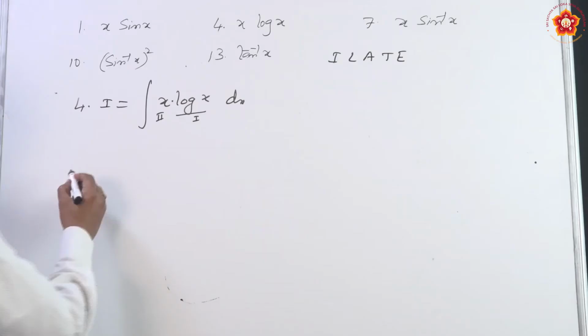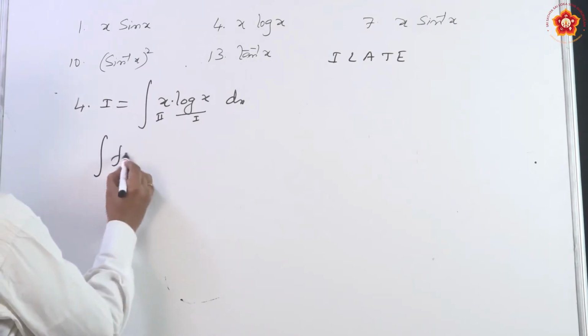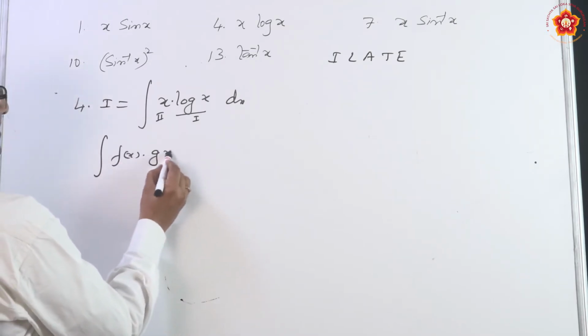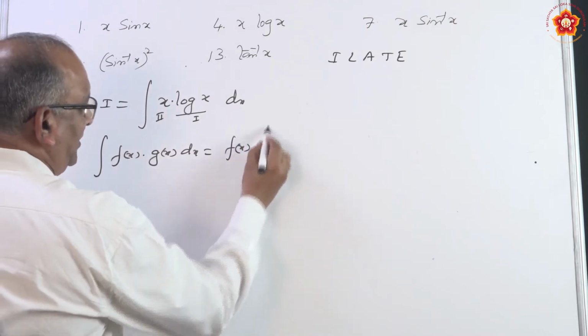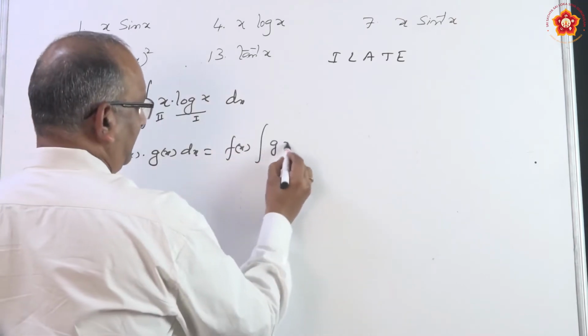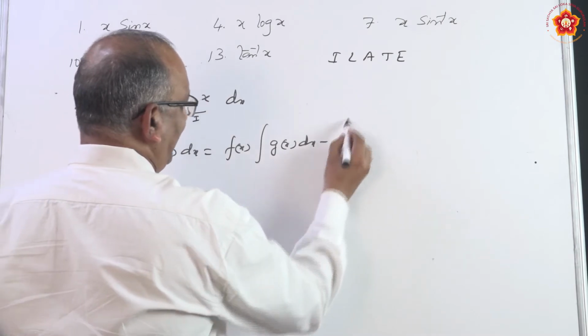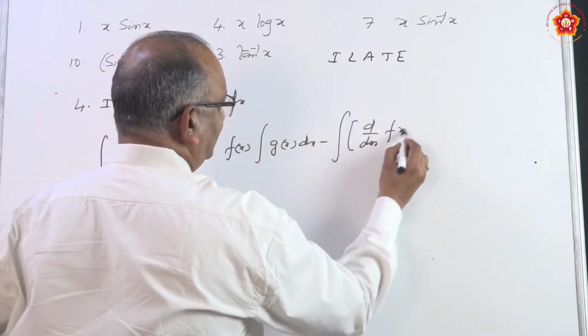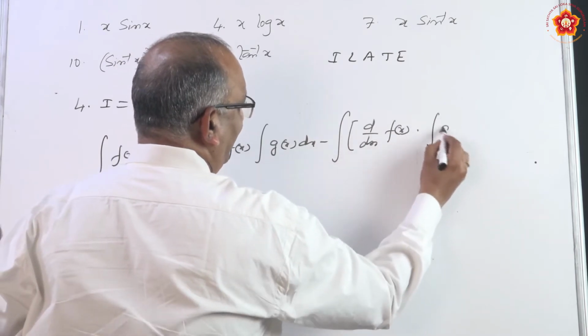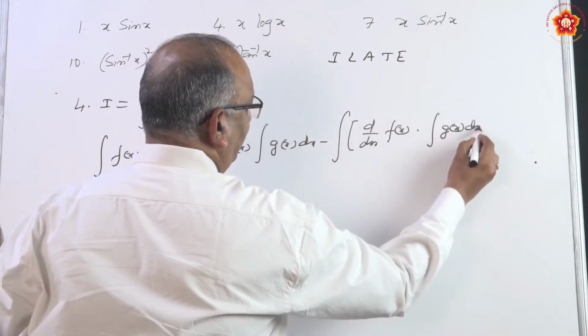What is the formula? Integration of f(x) into g(x) dx equals first function into integral of second minus integral of derivative of first into integral of second, whole integral.